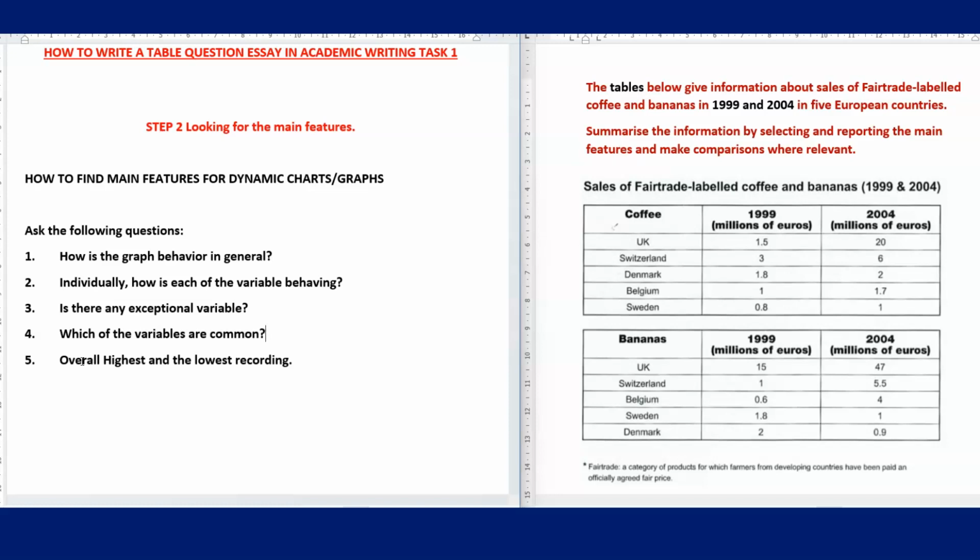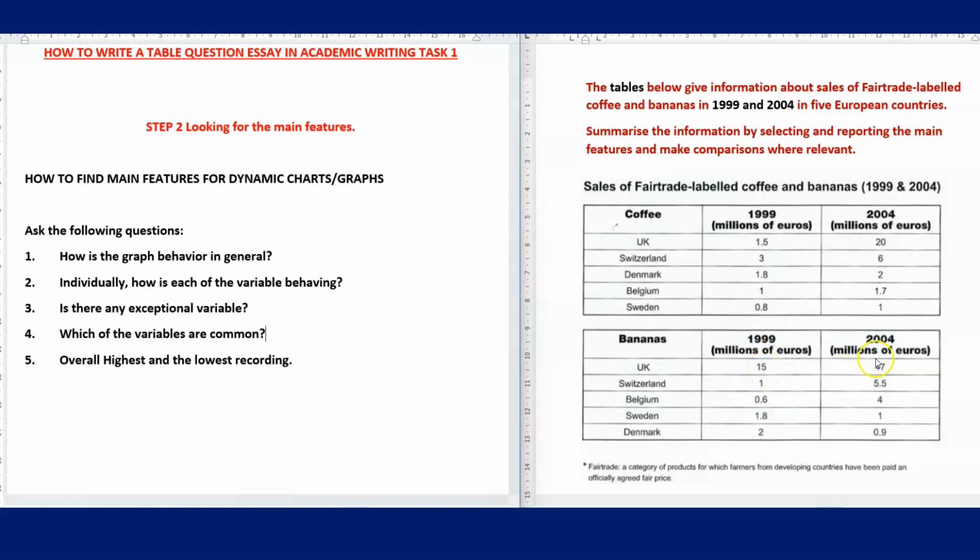Okay, and finally we can look at the overall highest and lowest. If you take the total, we can see we have 1.520 here, 3, 6, so they are all low. But if you take UK in banana trade, 1999, it was the highest trade. All right, so they spent a lot of money to buy.